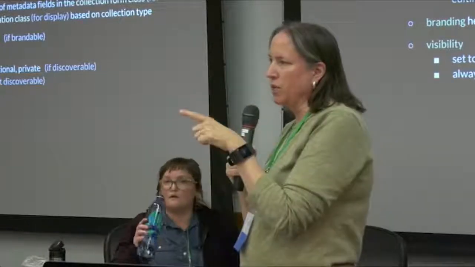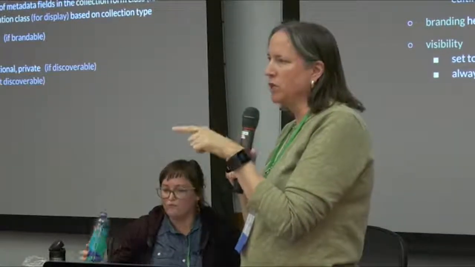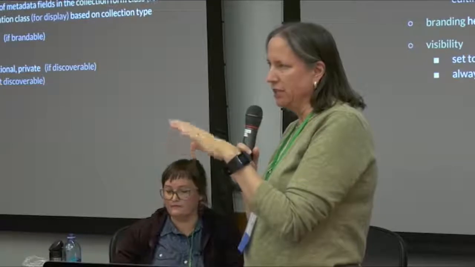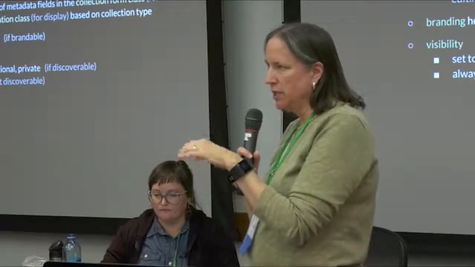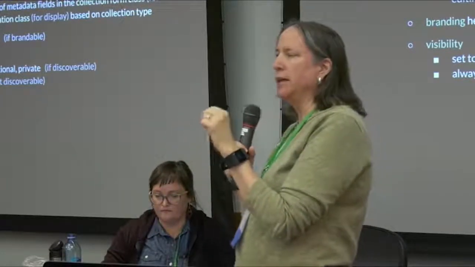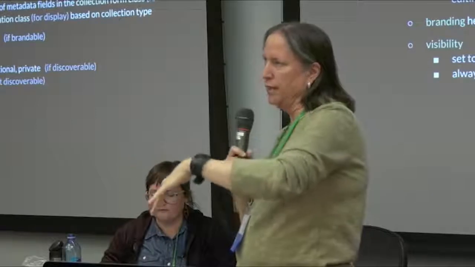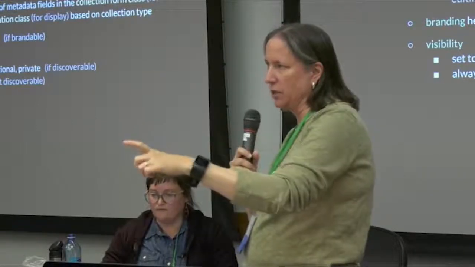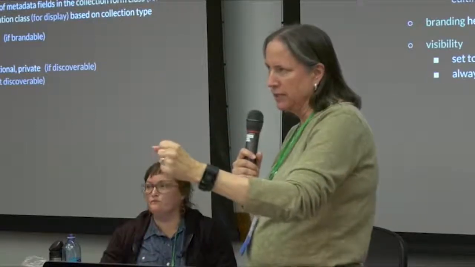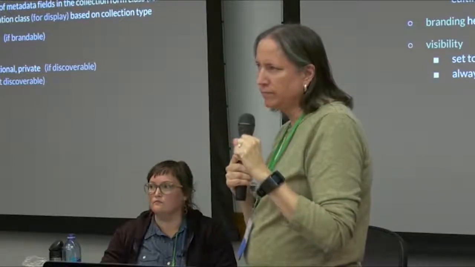So let me repeat your question, to make sure I answer the right one. The question is, where is the collection type information stored? Do you mean the settings and everything, or do you mean how the collection type gets stored with the collection itself? Yeah, in terms of your database form, where does it get stored?